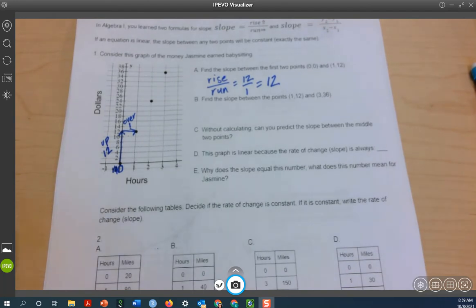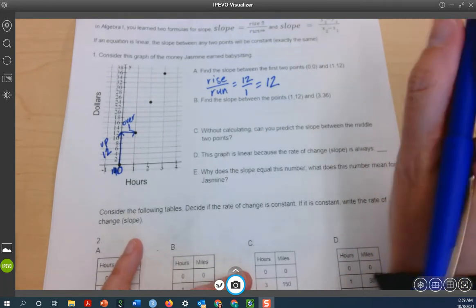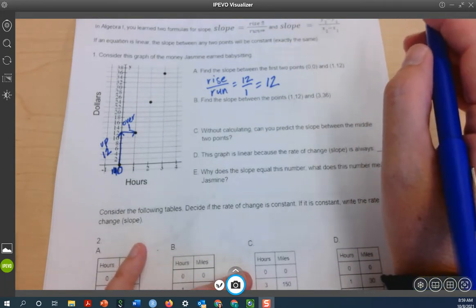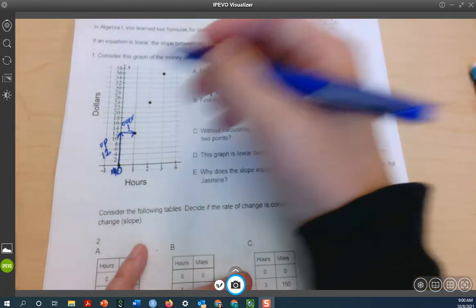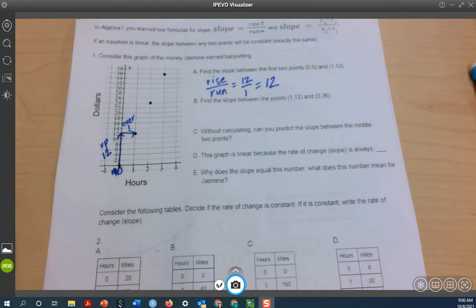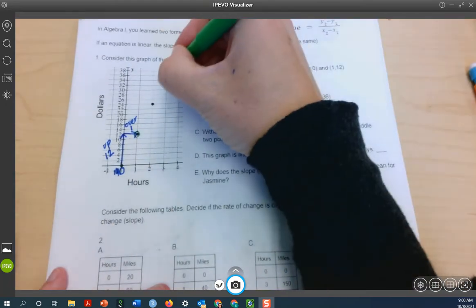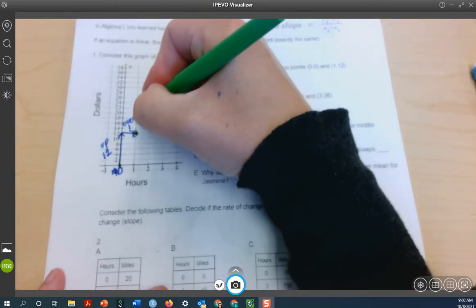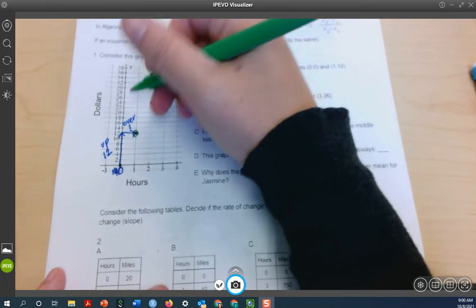Okay, so let's define the slope between the points 1, 12 and 3, 36. So if you use the formula, you probably didn't have a problem, but if you did rise over run, you might have had a problem. We're going from 1, 12 to 3, 36 here. So a lot of you guys counted up 1, 2, 3, 4, 5, 6 like that. But remember on the y-axis, we're counting by 2s.